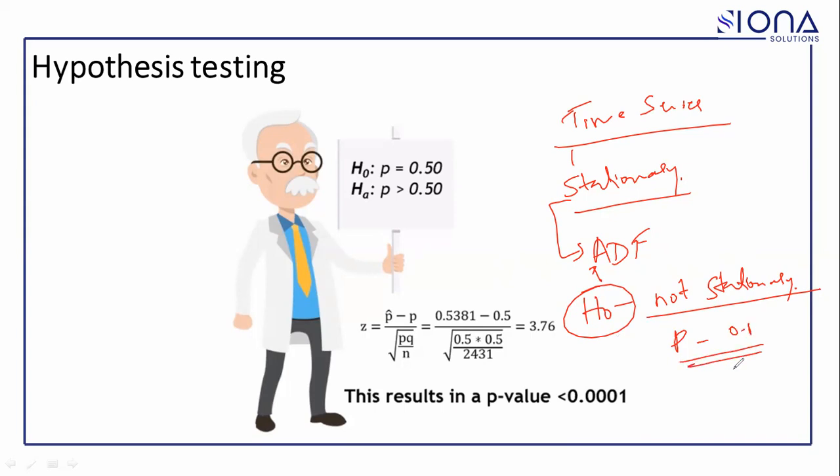What the ADF test makes you do is conduct the test and check the p-value. Either you go with the null hypothesis or you reject it. If the p-value is less than 0.1, you disagree that it is not stationary.